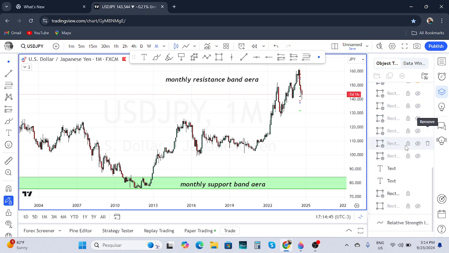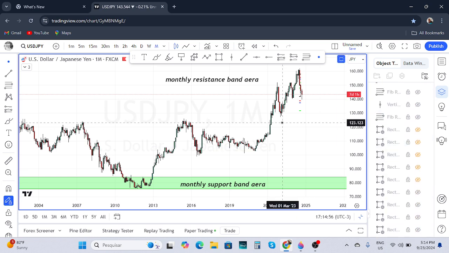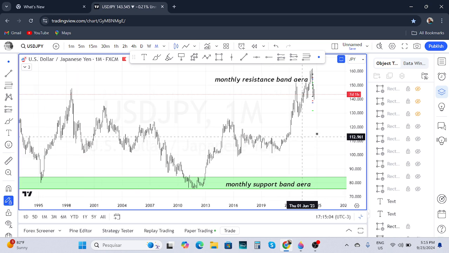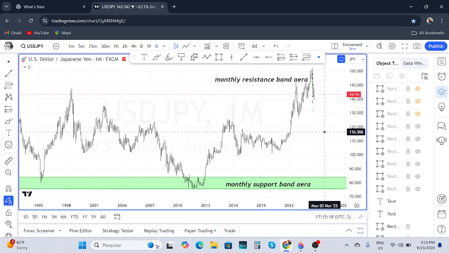So I will put the monthly band area. Let me see which is the monthly band. Maybe I mistakenly deleted the monthly band. I guess I didn't put it.